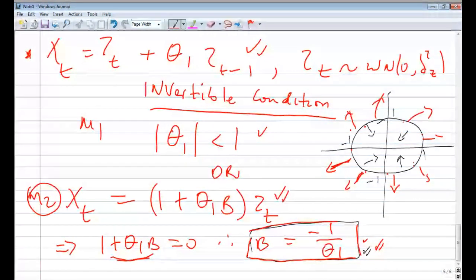And again, if the value of B is on the circle, where I indicated by those red dots there, therefore the process is not invertible. For the process to be invertible, the value of B must be outside a unit circle. I think it's clear.